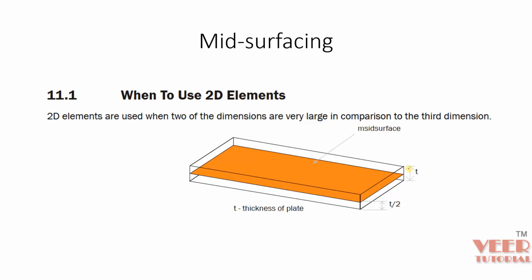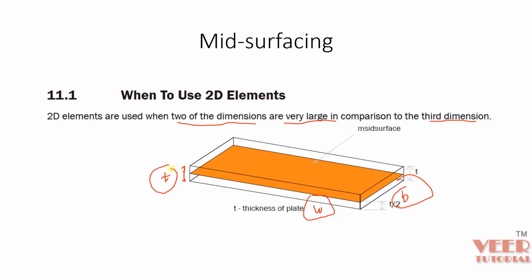Here we can see we have a plate and for this plate we can assume that two of the dimensions of the plate are very large as compared to the third dimension. So for this plate we have its width and breadth and then we have its third dimension, that is thickness, that is T. Here we can see these two dimensions are very large as compared to the thickness.